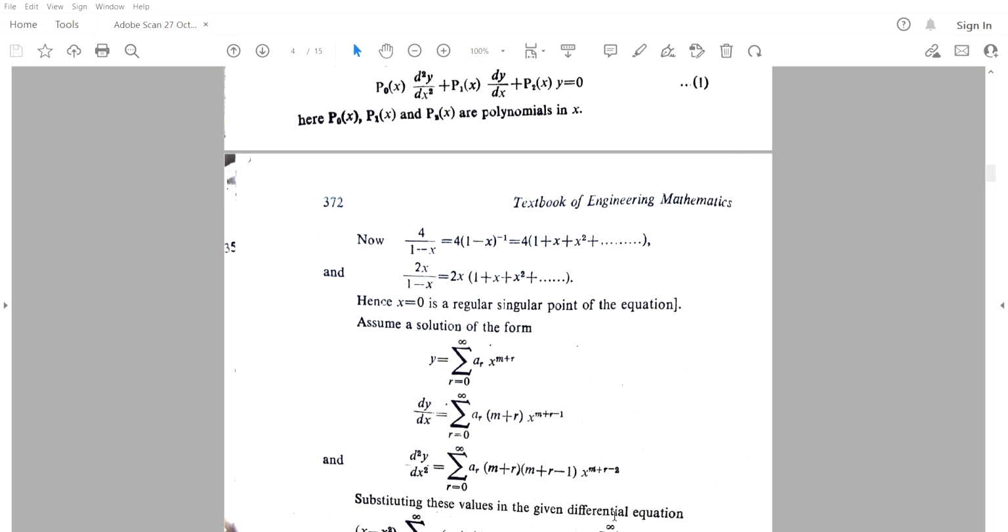Share the pages 370 and 371. Now share page 370.